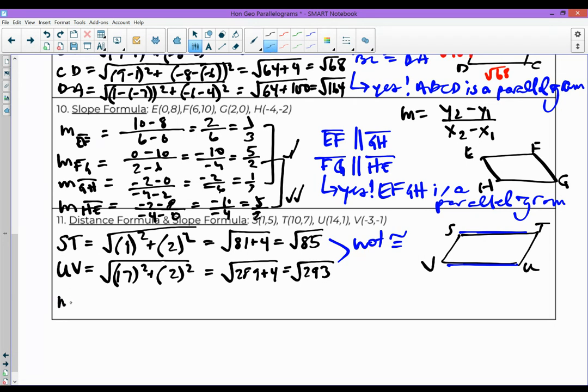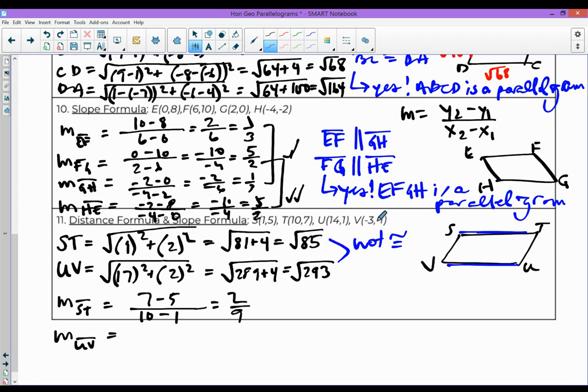Finding the slope. So the slope of segment ST and the slope of segment UV. Seven minus 5 over 10 minus 1, 2/9.